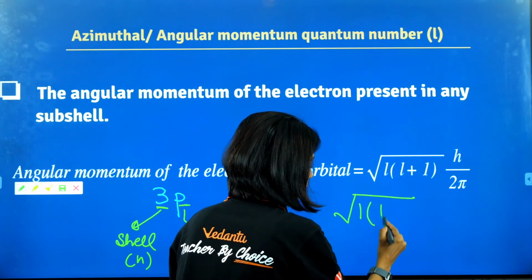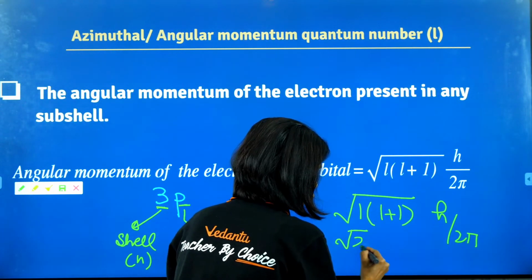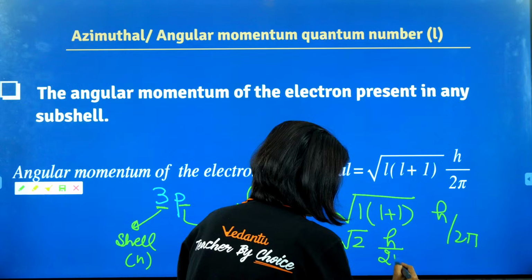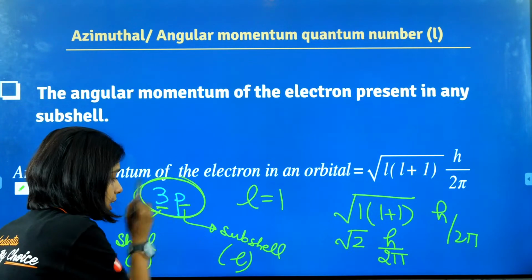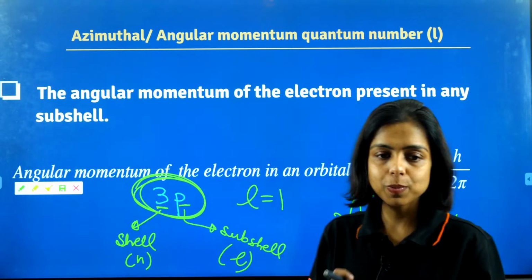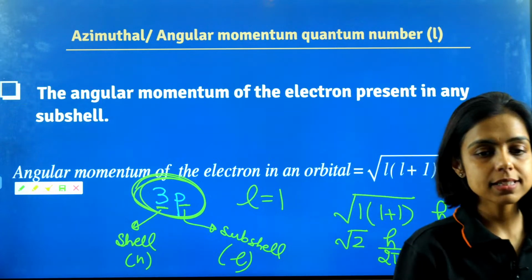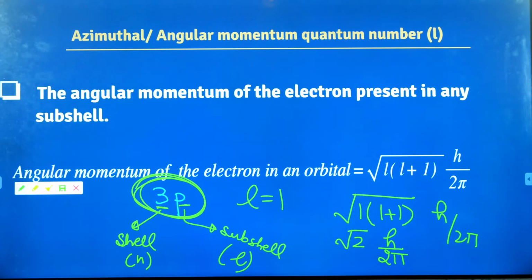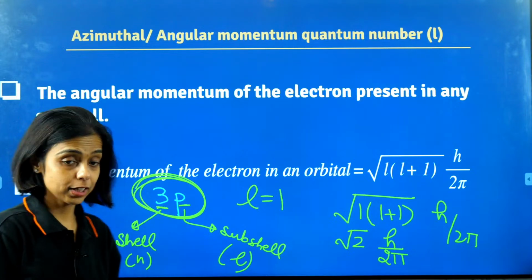L is 1 here, so 1 times 1 plus 1, h by 2 pi. So square root of 2 h by 2 pi is the angular momentum of an electron present in 3p. Right? Got it, guys? So if the electron is present in 3p, that means it is in which subshell? P subshell, right? L is equal to 1. So you can use this formula to calculate the angular momentum of that electron.